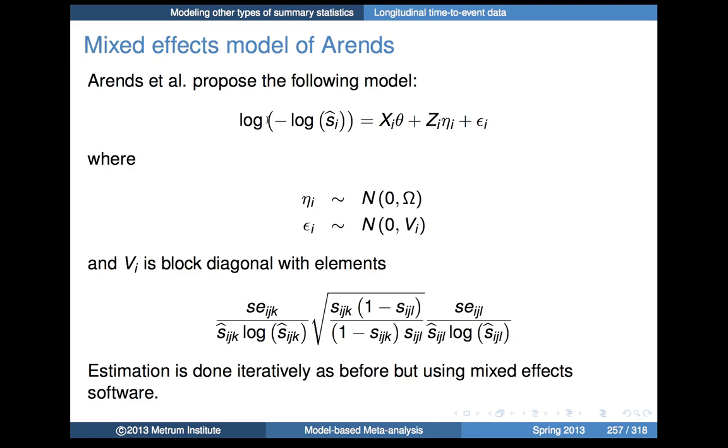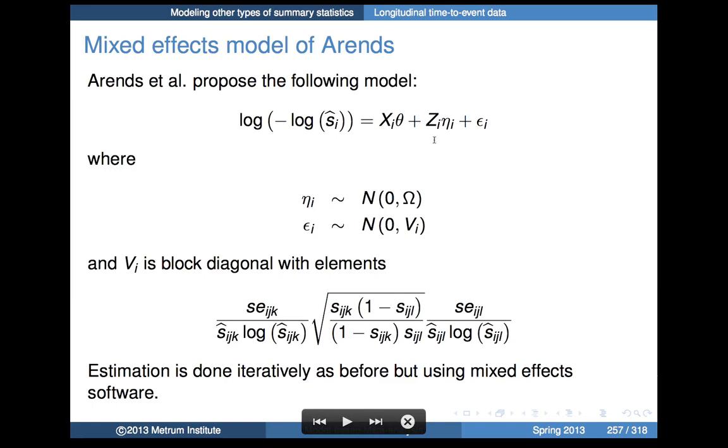So big numbers on the transform scale correspond to small probabilities, and large negative numbers on the transform scale correspond to large probabilities. So on this transform scale, she then says, let's model it as a linear function of covariates x and some random effects eta.